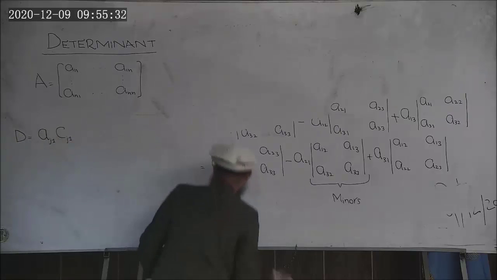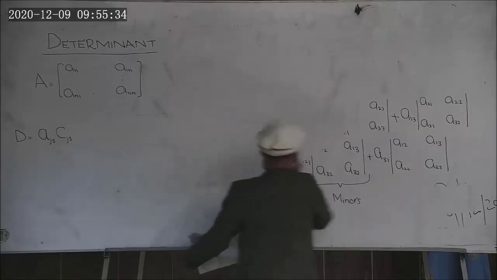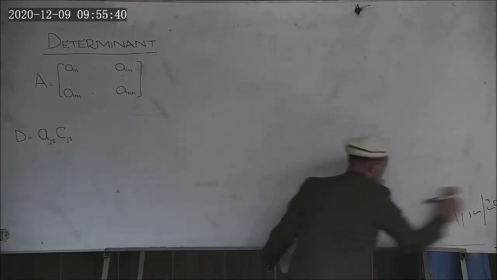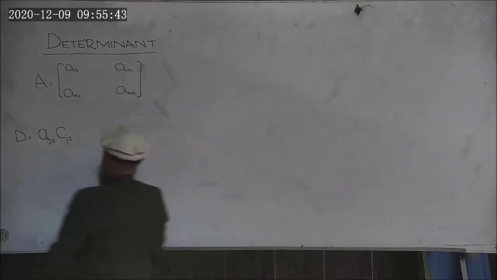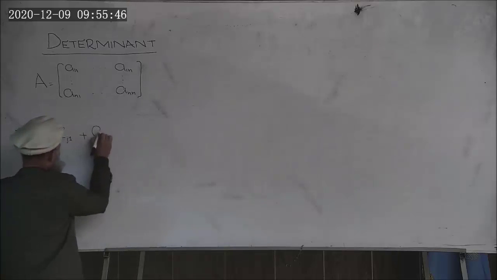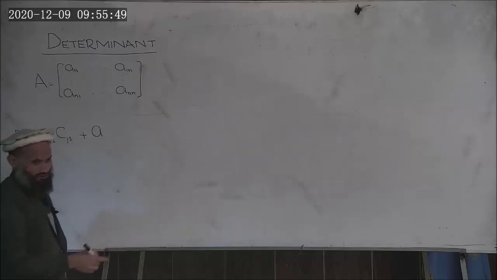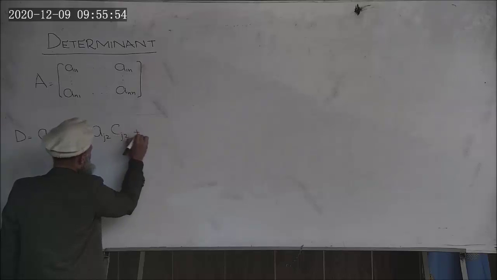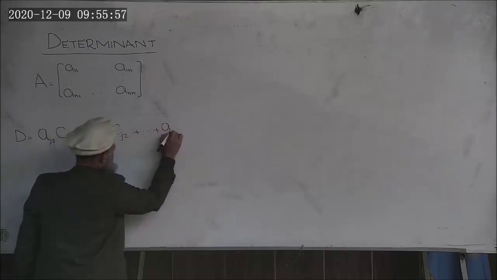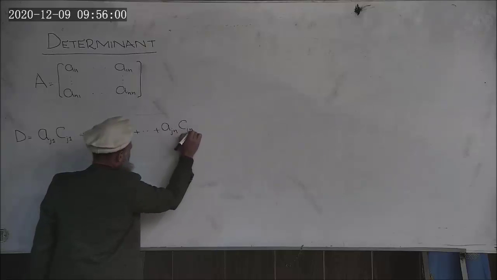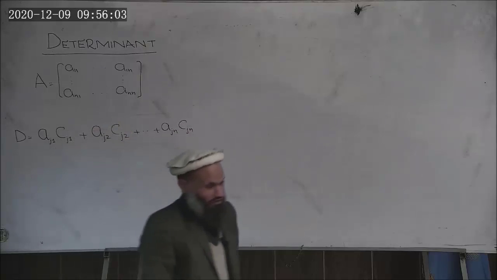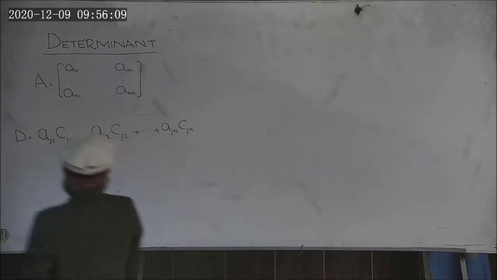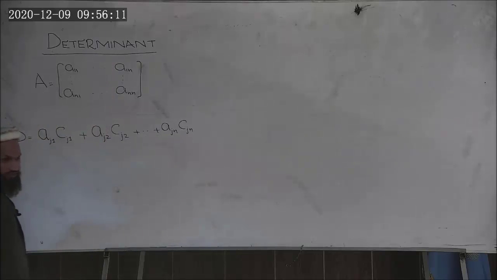We shall discuss it. aj1 times this cofactor, plus the second element in the jth row, aj2, multiplied by Cj2, up to ajn Cjn.